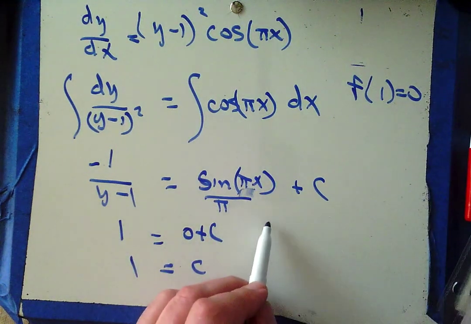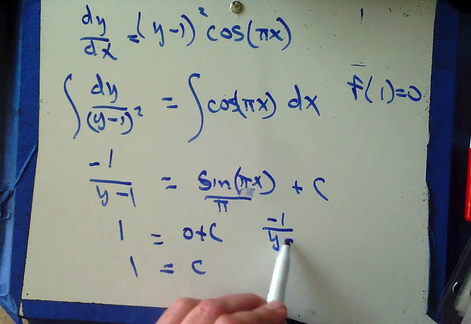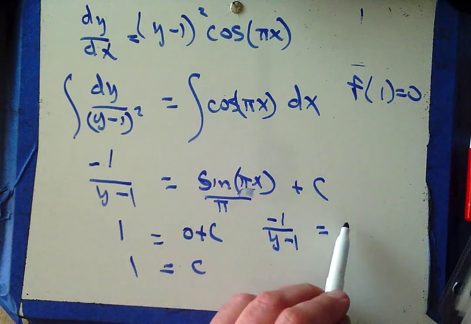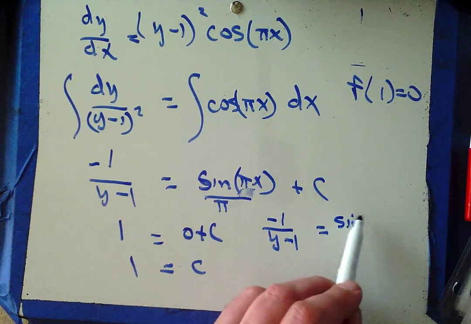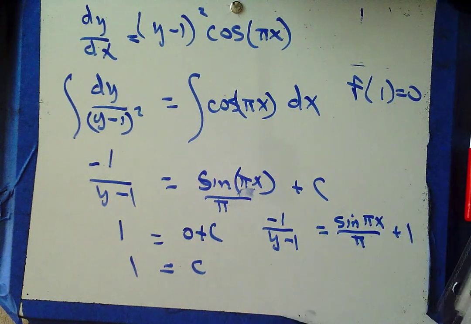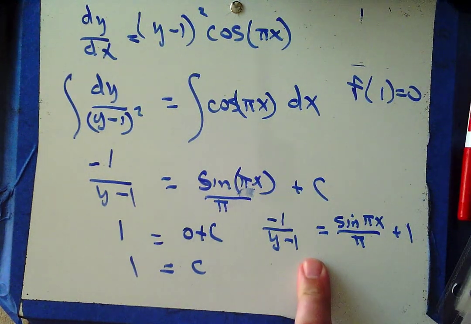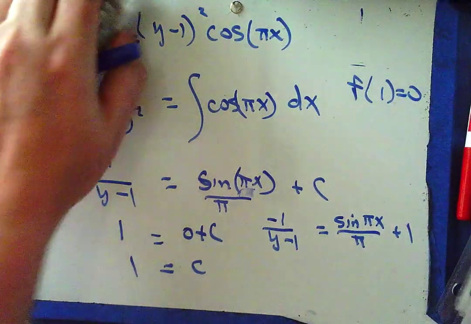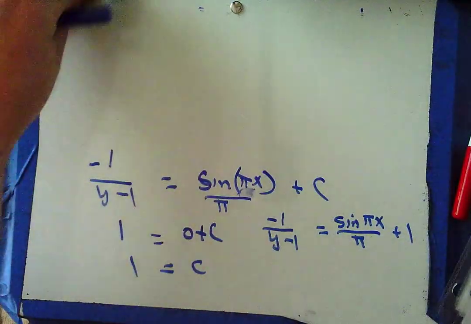So now I've got -1 over y minus 1 equals sine pi x over pi plus 1. Ew, look at that. And I'm supposed to solve this equation for y equals. So let's be careful about that.